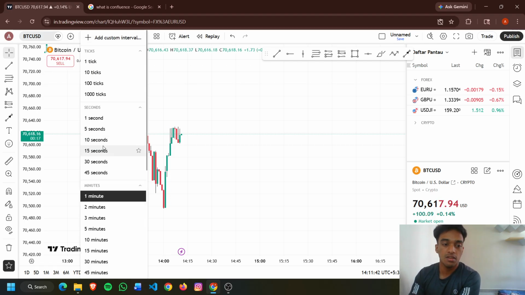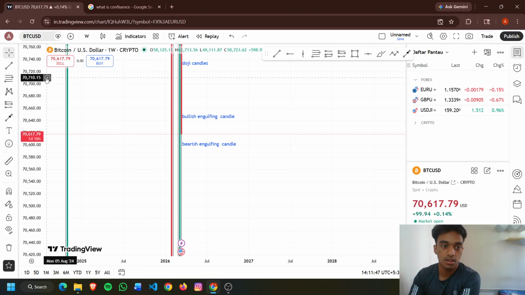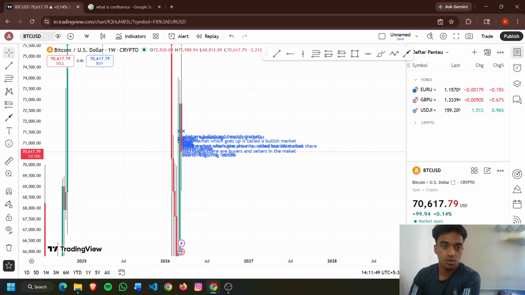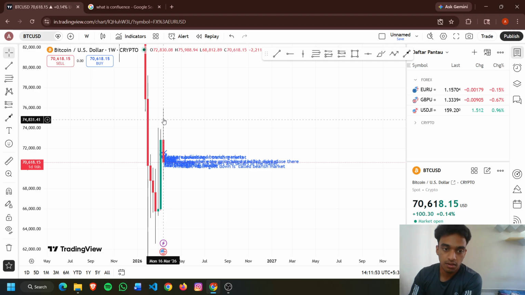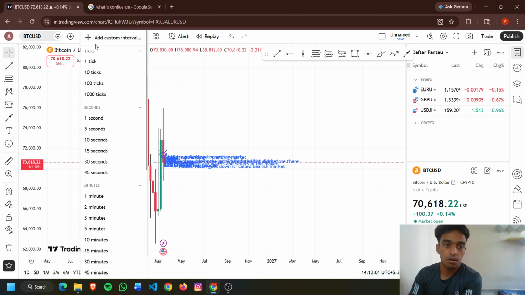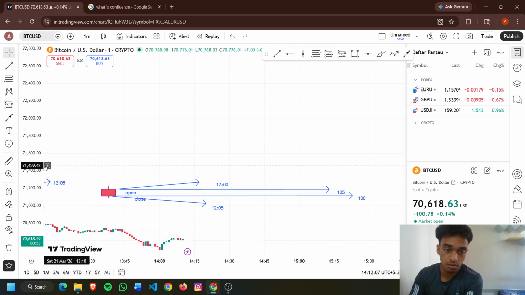So you can see more wicks in 4 hour and 1 day or 1 week time frames, because usually, see, these are all wicks. In the 1 day time frame, see, the price has reached here for a day, and then it closed over here. So that is how you see the time frames, and that is how wicks are formed.